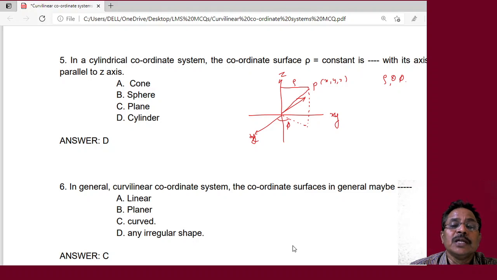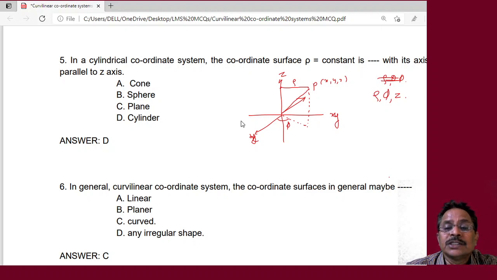In the cylindrical coordinate system, we have three coordinates, that is rho, phi and z. So this is z, this is phi and this is rho.